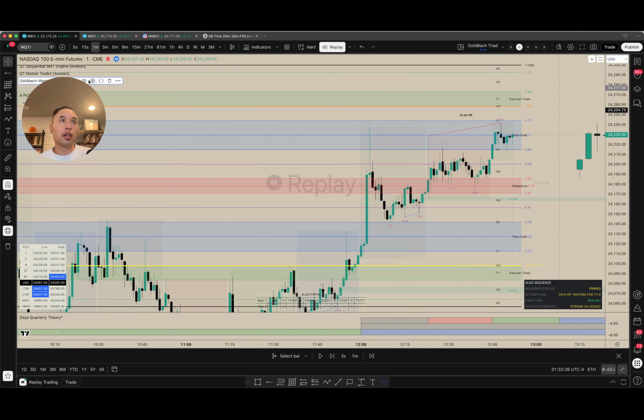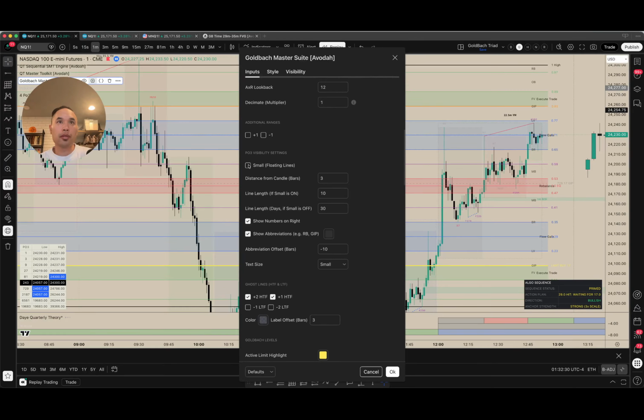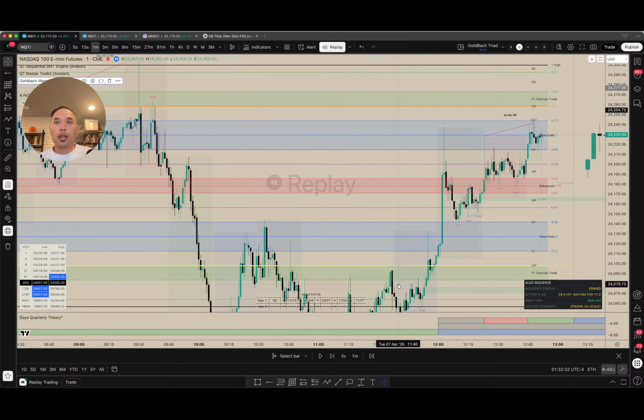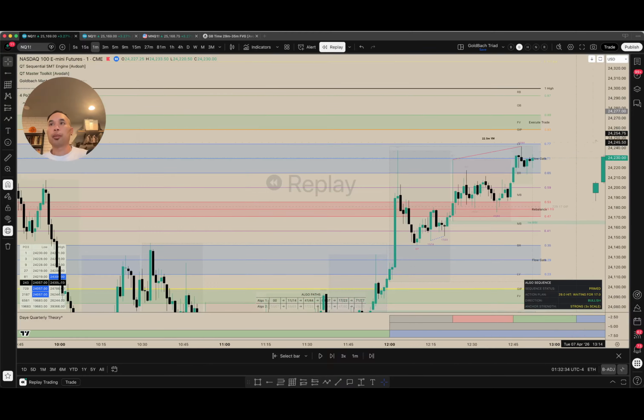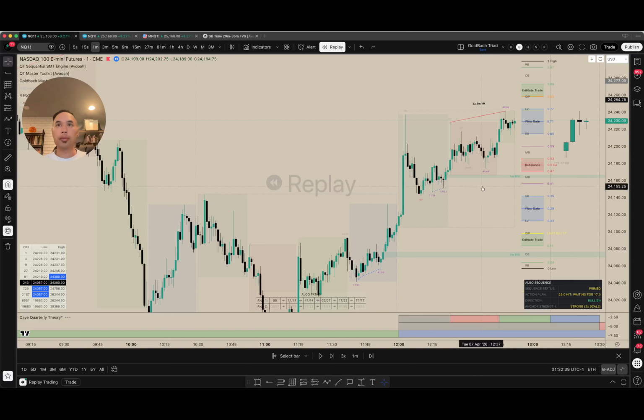So anyway, I wanted to just kind of walk through some of that stuff, turn that back on. And that's essentially how I frame up a trade with Goldbach and quarterly theory, with my indicators.